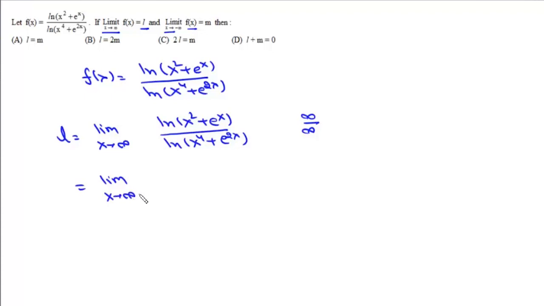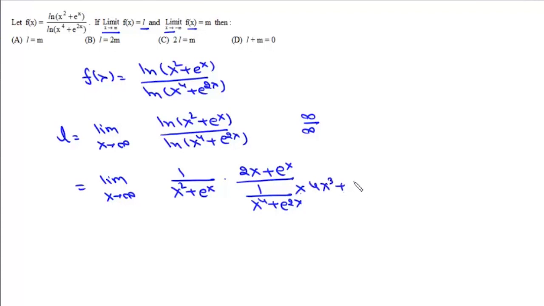As x tends to infinity, we can write this as (1 upon x² + eˣ) into (2x + eˣ), and here it will be (1 upon x⁴ + e²ˣ) into (4x³ + 2e²ˣ).